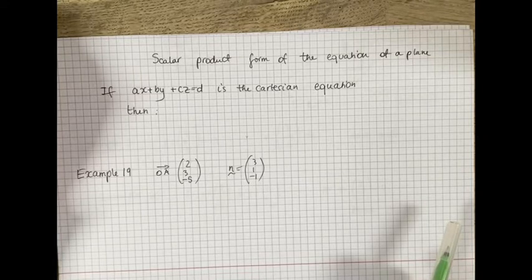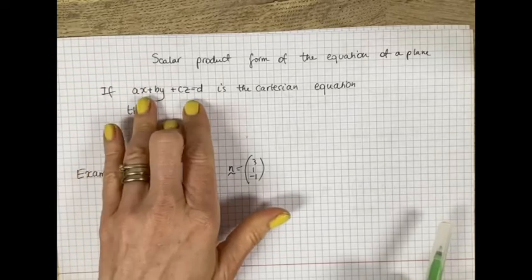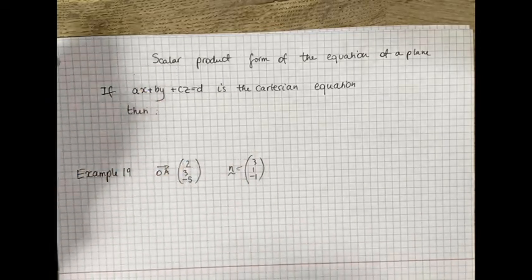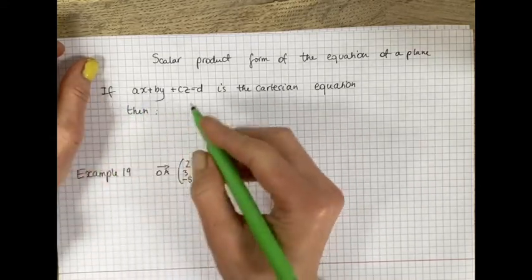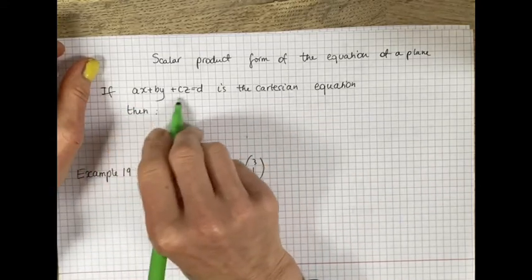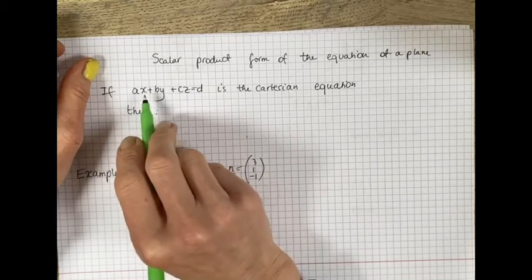Form of the equation of a plane. Actually, it is quite an intuitive thing. If you think about this, just having learned what a scalar product is, the dot product, the quicker version, what would it look like as a product of two vectors?